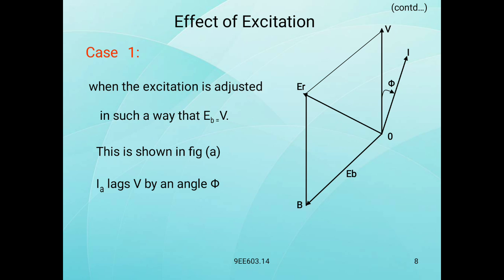Between ER and I is theta, called the internal angle or impedance angle.